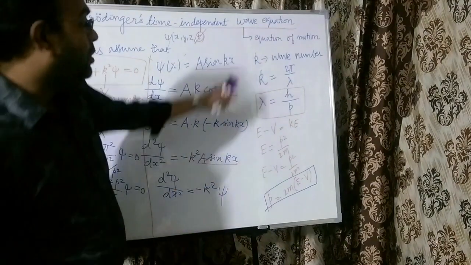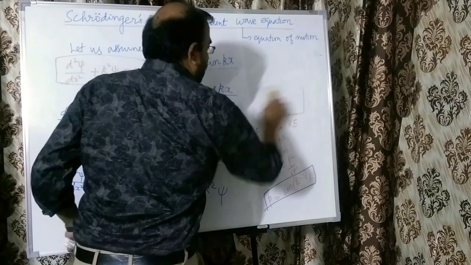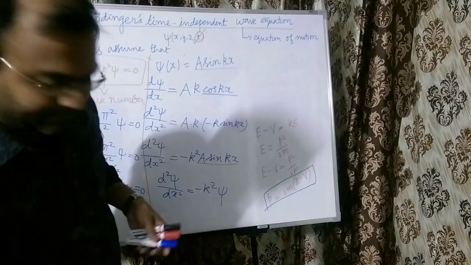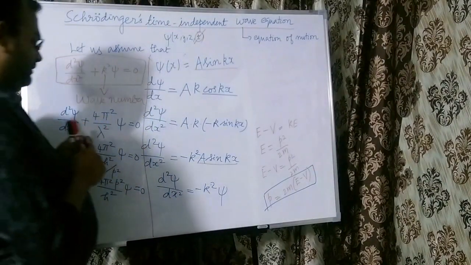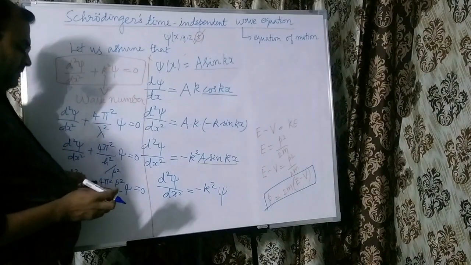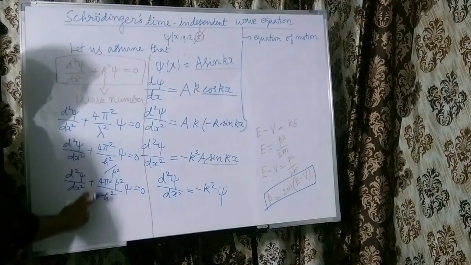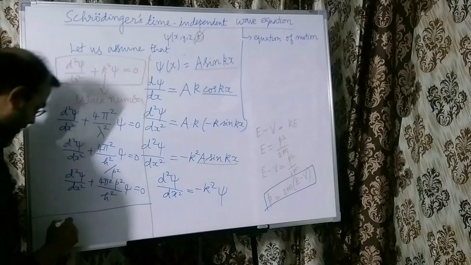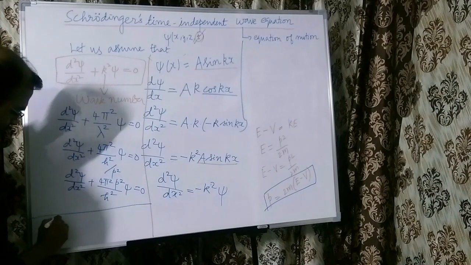Now I am going to use this portion of this board for continuation of the derivation. Right. Now, for convenience, we can use another common thing, that is, instead of 4 pi square by h square, we can use 1 by h cut square.